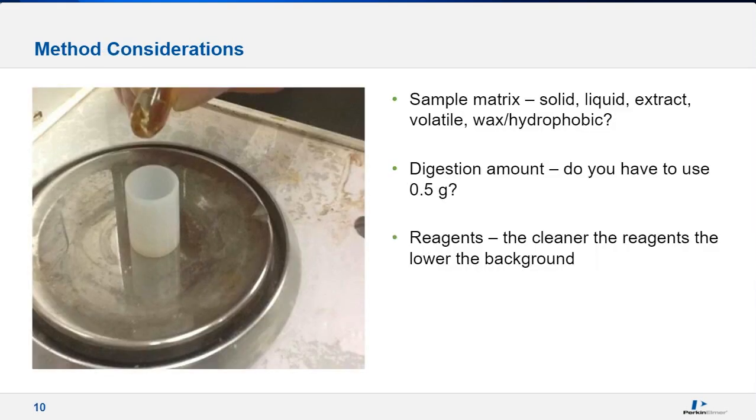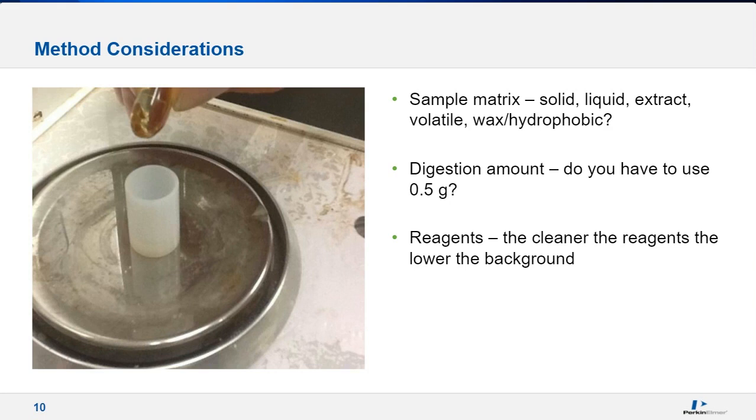And some other method considerations here. Is it a solid? Is it a liquid? Is it an extract? Is it a volatile? Is it a wax? Is it hydrophobic? Many of the waxy extracts can be difficult to digest. So depending on the jurisdiction, you also may have a certain weight or mass of the sample that you need to prepare and digest.